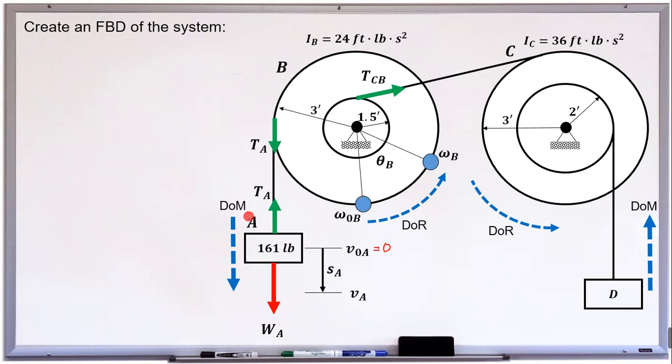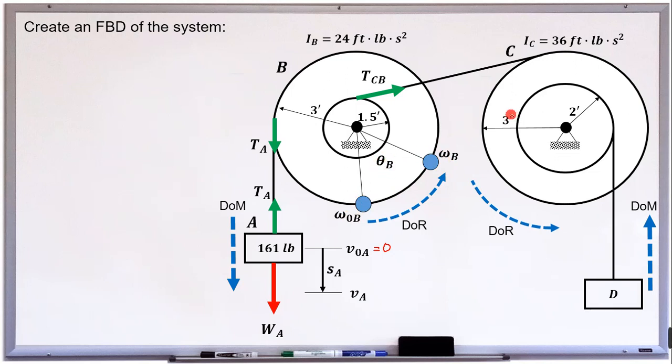The downward motion of our A, as well as those external forces, will also affect the angular velocity of our cylinder B, from its initial angular velocity W naught B towards its final angular velocity WB. From initial to final, it covers an angular displacement equal to theta B.